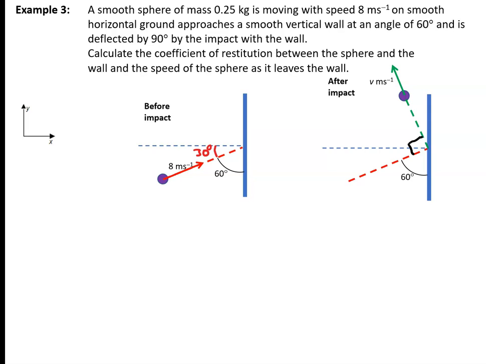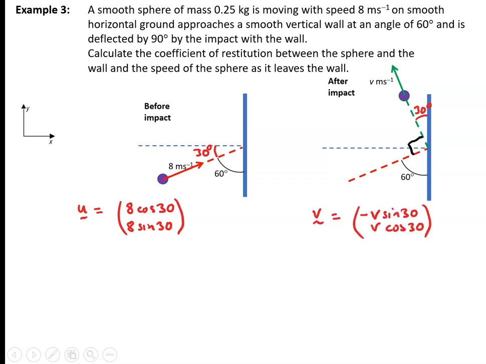The initial velocity is going to be 8 cos 30 in the x direction and 8 sin 30 in the y direction. The velocity after the impact can be written as minus little v sin 30 in the x direction and little v cos 30 in the y direction.